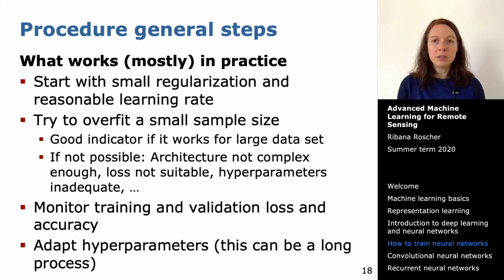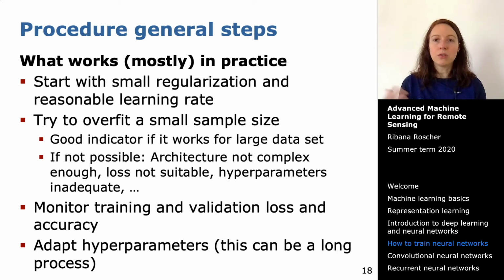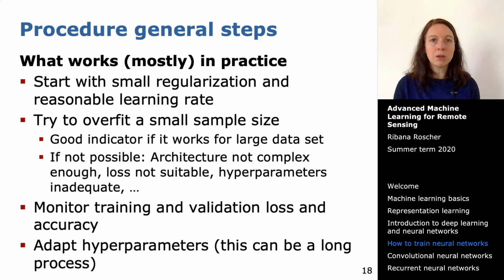So start with a reasonable learning rate which suits the normalization you apply to your data, and also a small regularization. I haven't talked about the regularization specifically, but if you want to apply it to regularize and stabilize the whole optimization process in a more targeted way, start with a small regularization and then try to increase it.